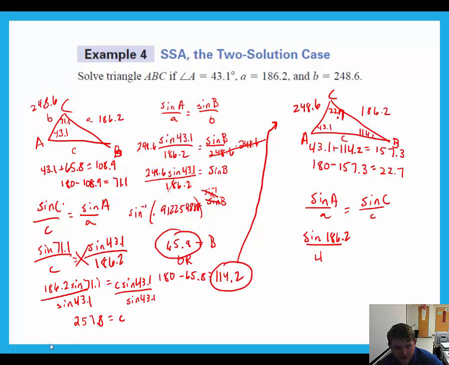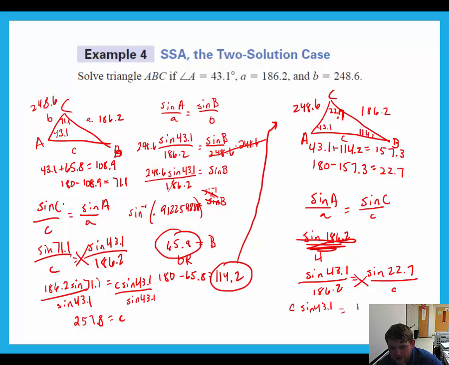Oops, I did that incorrect. Let's try that one more time. Let's do sine of 43.1 over 186.2 is equal to sine of big C, that's 22.7, over little c. And when you cross multiply these, you're going to get C times sine of 43.1 is equal to 186.2 times the sine of 22.7.